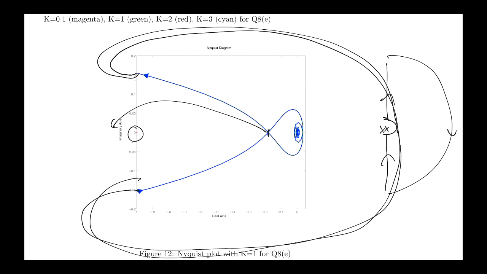The controller we've just looked at is just a PI controller, a proportional integral controller, as we'll see today. Proportional integral controller gives you a 0 and a pole at s equals 0. A left half plane 0 and a pole at s equals 0. So there you go.